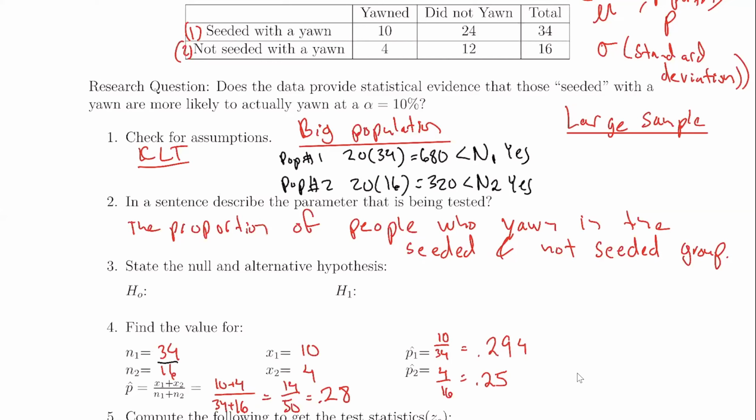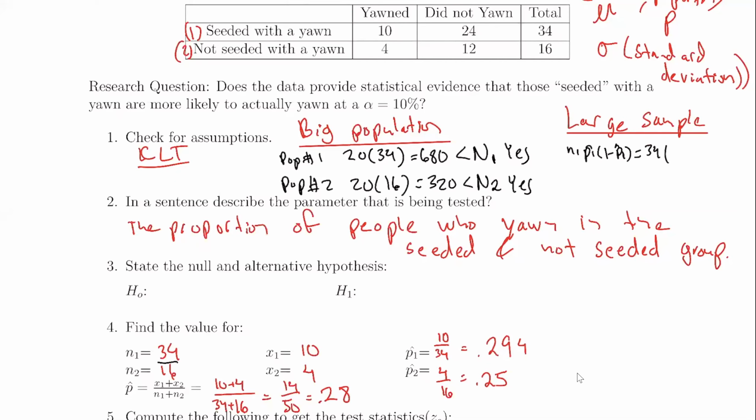All right, so let's do our large sample. So for our large sample, we're gonna go ahead and do N1 times P hat of 1 multiplied by 1 minus P hat of 1. So N1 is equal to 34.